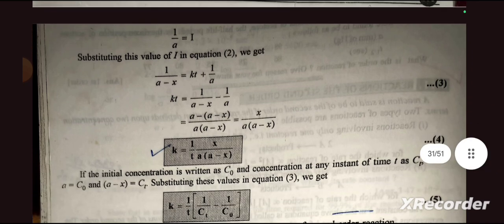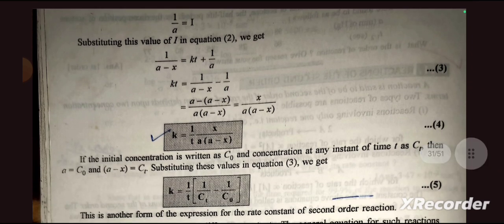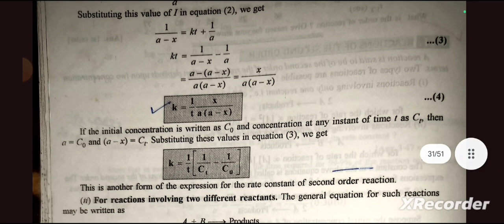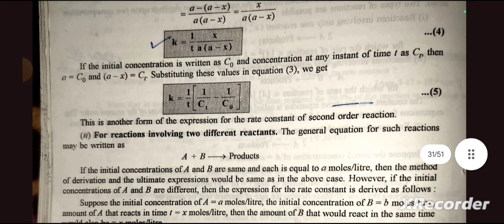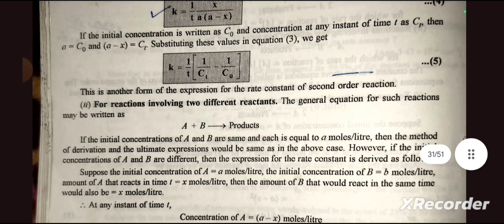Putting this value in equation 2, we get 1/a = I. Substituting this value of I in equation 2, we get 1/(a − x) = kt + 1/a. So kt = 1/(a − x) − 1/a = (a − (a − x))/(a(a − x)) = x/(a(a − x)). Thus k = (1/t) · x/(a(a − x)).